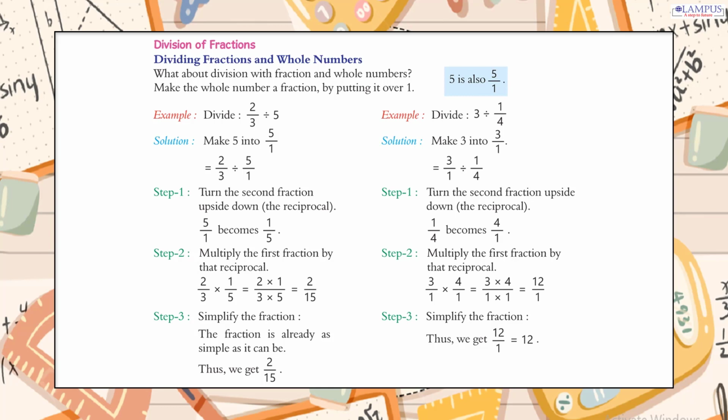Multiply the first fraction by that reciprocal. 3/1 multiplied by 4/1 equals 3 multiplied by 4, whole divided by 1 multiplied by 1, equals 12/1. Step 3. Simplify the fraction. Thus, we get 12/1 equals 12.